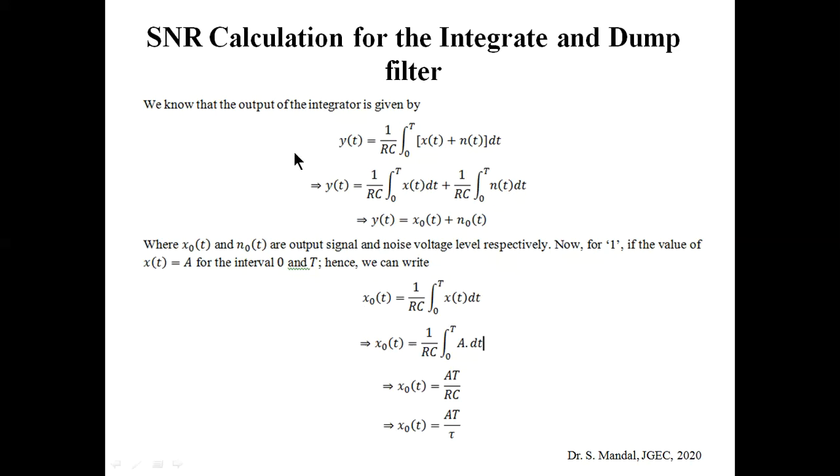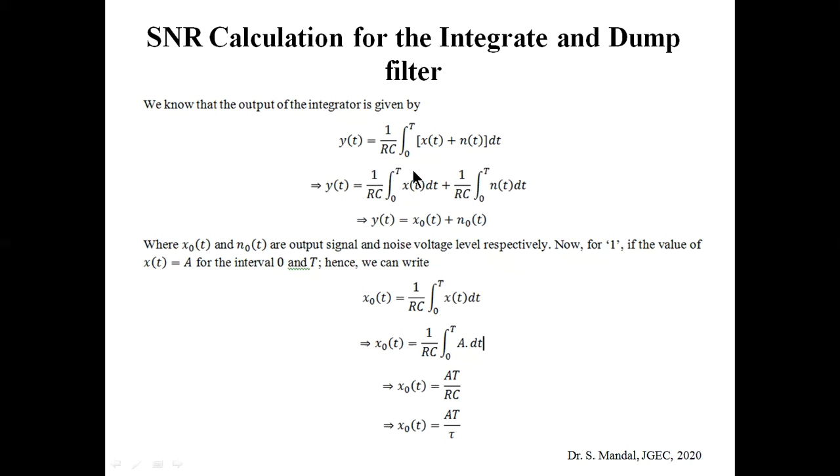Okay, so as we know, the output of the integrator for the op amp circuit is given by 1 by RC integration from 0 to T of the input signal, that is xt plus nt, dt, and we express it this way: 1 by RC integration from 0 to T of xt dt plus 1 by RC integration from 0 to T of nt dt.